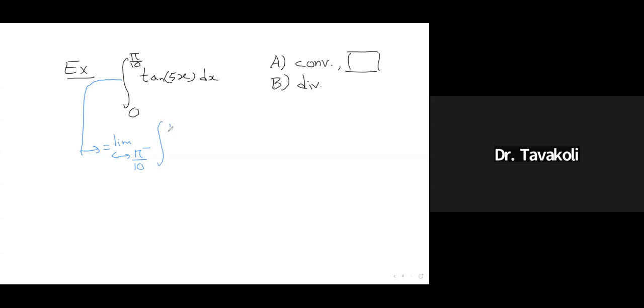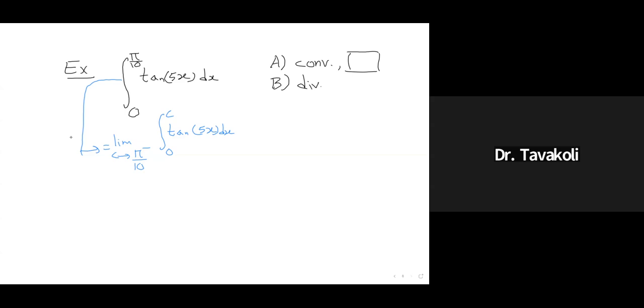And the integral of tangent of 5x dx runs from 0, the lower limit, to c, the upper limit. So the integral from 0 to c of tangent of 5x dx.